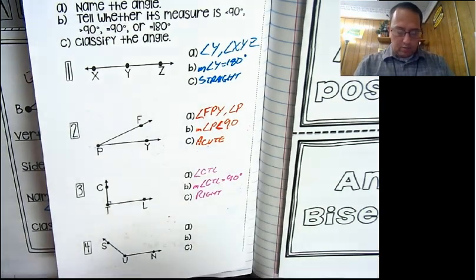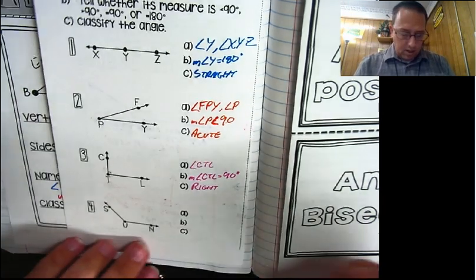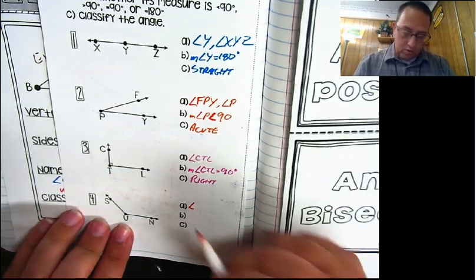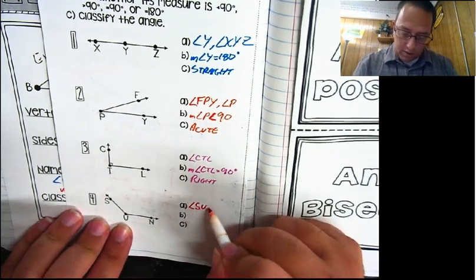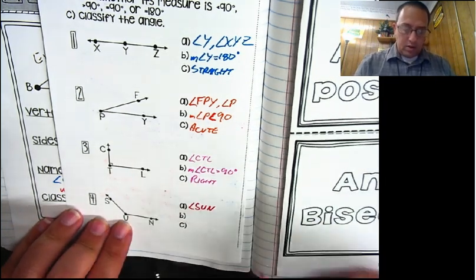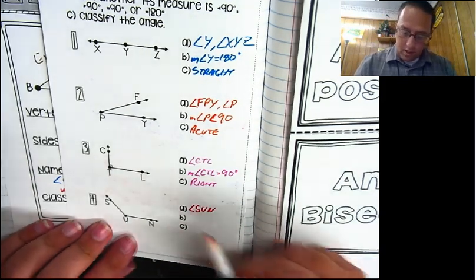All right, last one we have on this, angle U. Or we could also call this angle SUN. Angle SUN, or we could call it angle U. We could call it angle NUS, whichever.